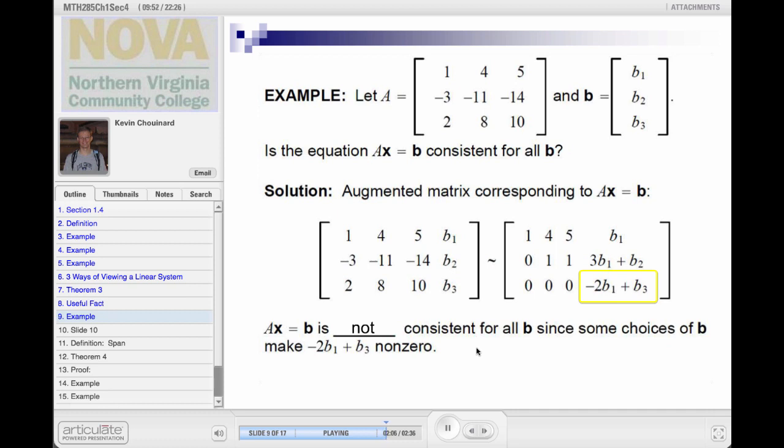And if 0 equals a non-zero number, well then all bets are off, because that would be complete and utter garbage, right? 0 can only be equal to 0. So if I get a number there that's not 0, we have big problems. So this is not a consistent system because there are some values for that vector b that make this nonsensical and make it inconsistent. So we cannot call this a consistent system for all b. There are some b for which it's not consistent.